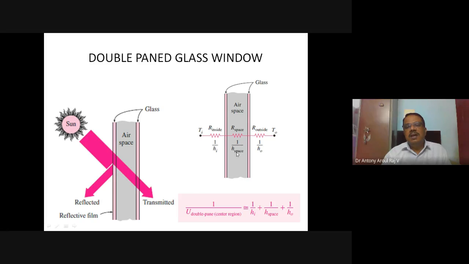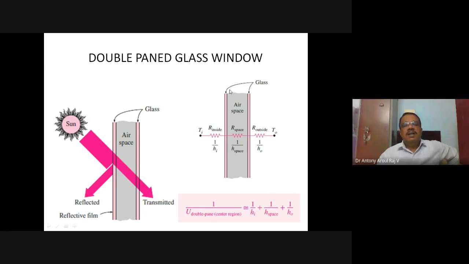For air in a closed, sealed space, the convection coefficient will be lesser, so this resistance will be very much lesser. That will help you in decreasing the heat transfer coefficient, or decreasing the heat entering the building by conduction.